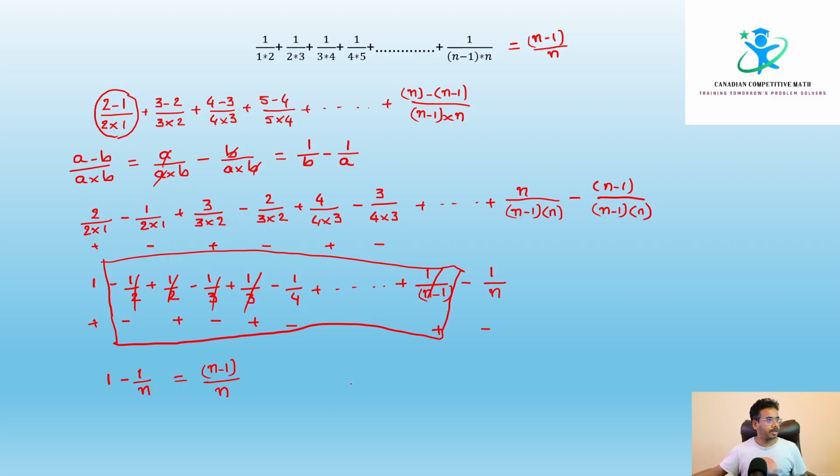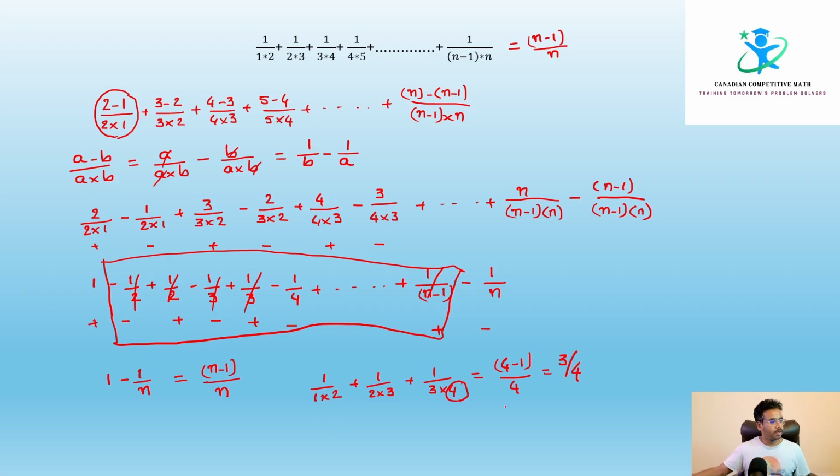So if we take the first 3 terms, it will be 1 by 1 times 2 plus 1 by 2 times 3 plus 1 by 3 times 4. So here n is 4, and it will become (4 minus 1) by 4, which is 3 by 4.